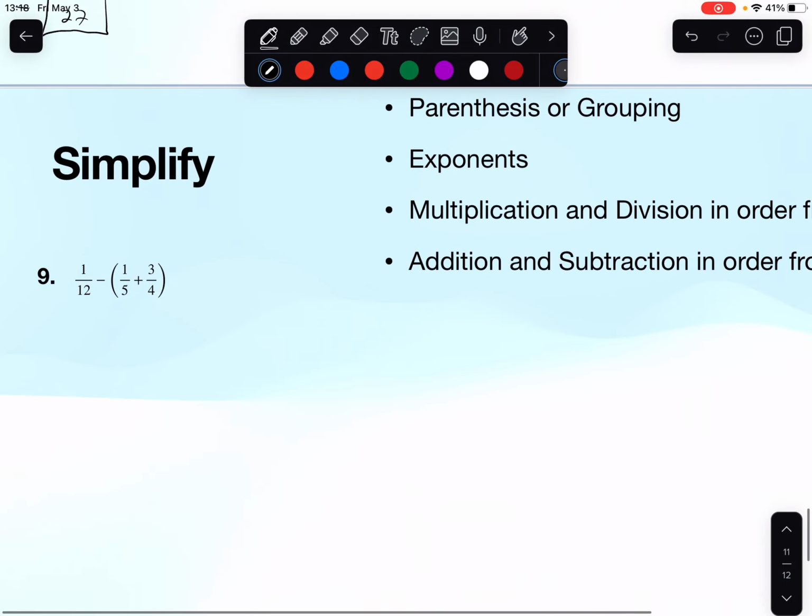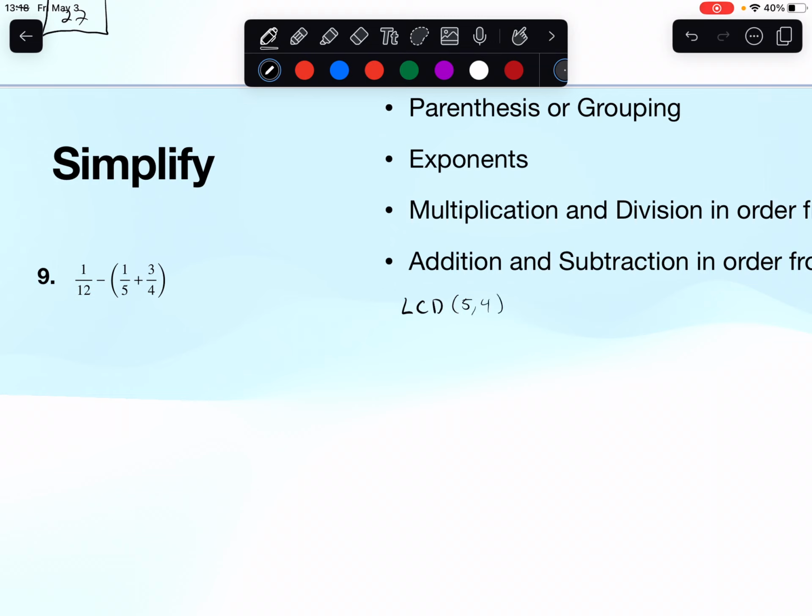Here we're going to simplify 1/12 minus the quantity 1/5 minus 3/4. If we want to find the LCD of 5 and 4, we're going to do the parentheses first.